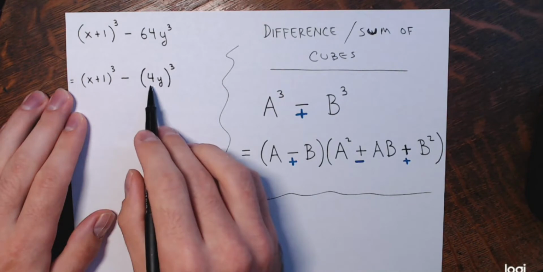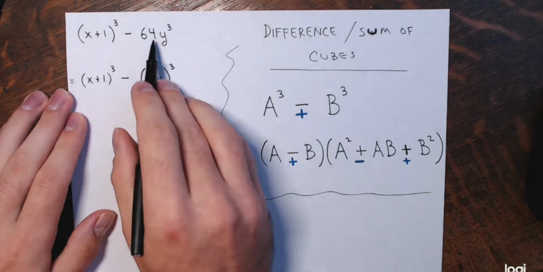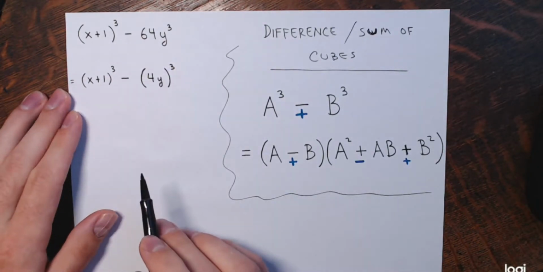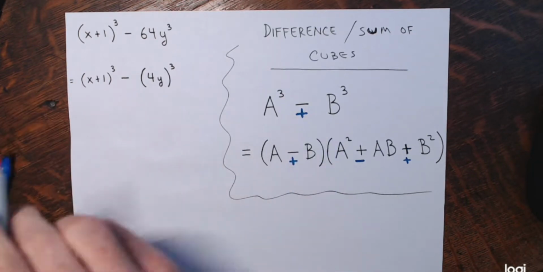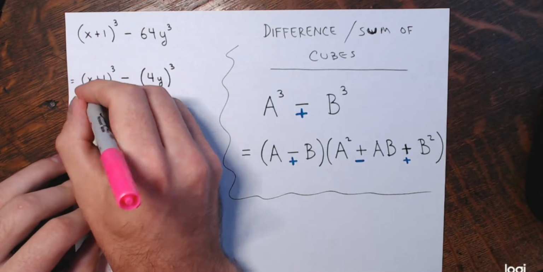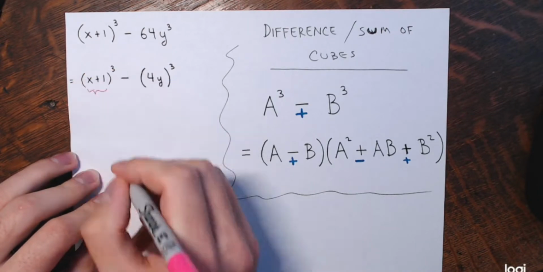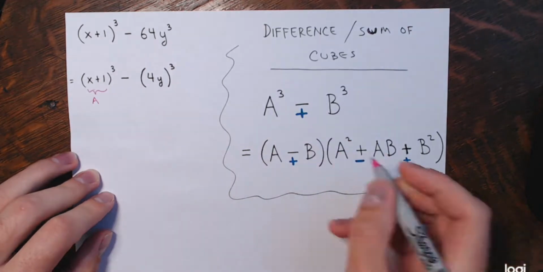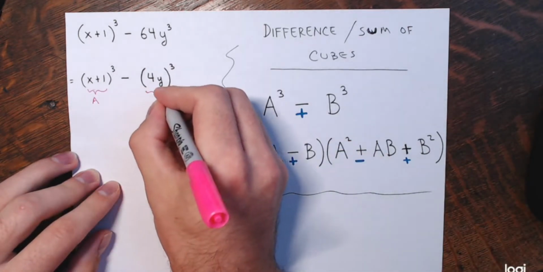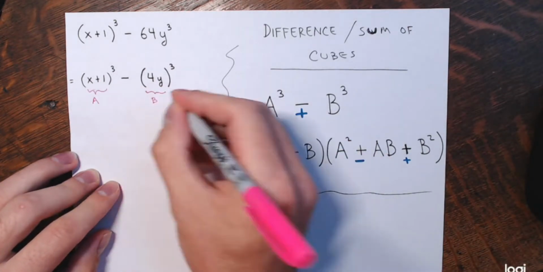So 4y is being cubed to give me that second term. So I do have a difference of cubes, and like I said again, this quantity x plus 1, that's acting like the a from my little formula over here. And then this 4y is acting like the b.